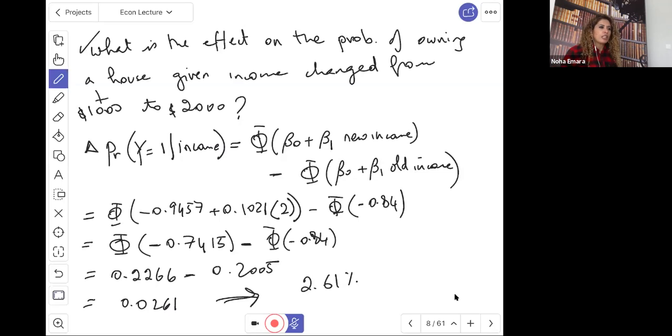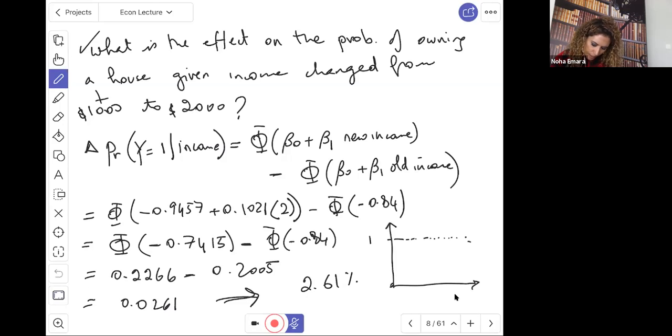As I said, the advantage of the probit model is that it would never give me any value below 0 and no value above 1. So it's perfect. Looking at how this probit model graphically looks, I know that my values are between 0 and 1. I would never ever have a probit value above 1.